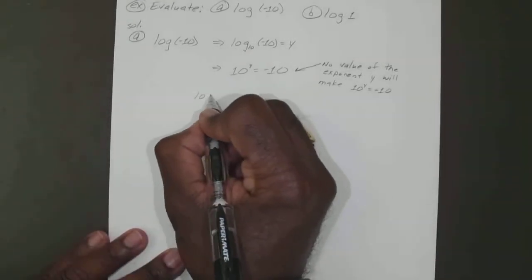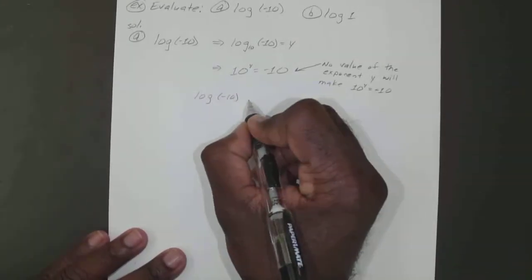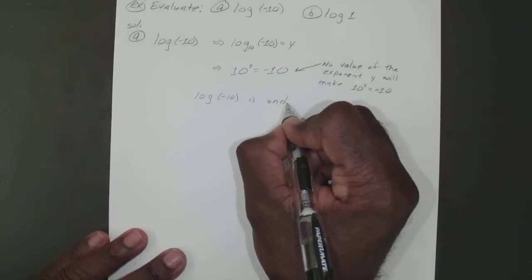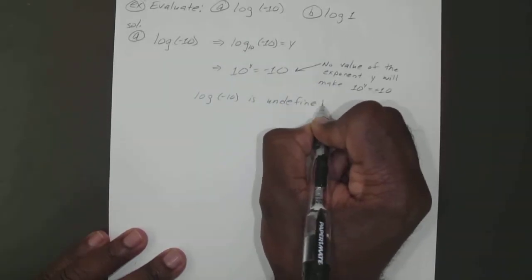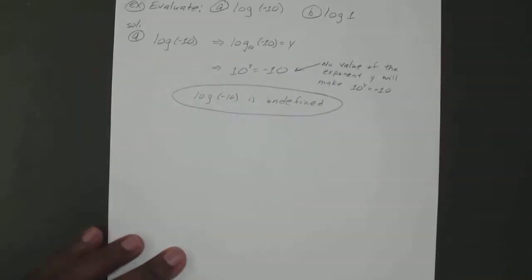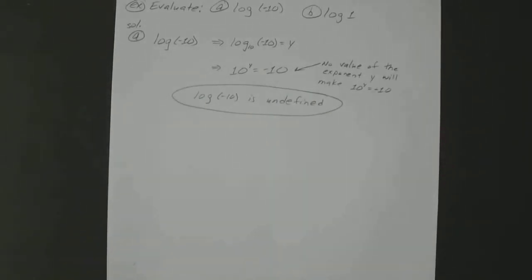Okay, so log of negative 10 is undefined. Really, log of any negative number is going to be undefined for that very reason.